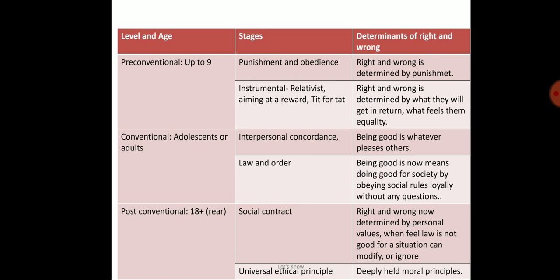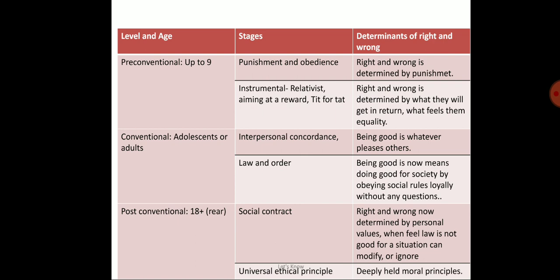We are able to see here, first one is pre-conventional. You can divide these 3 levels into 3 age groups. First one is childhood, second one is adolescence, and last one is adulthood. Okay, so at the initial stage what happens?